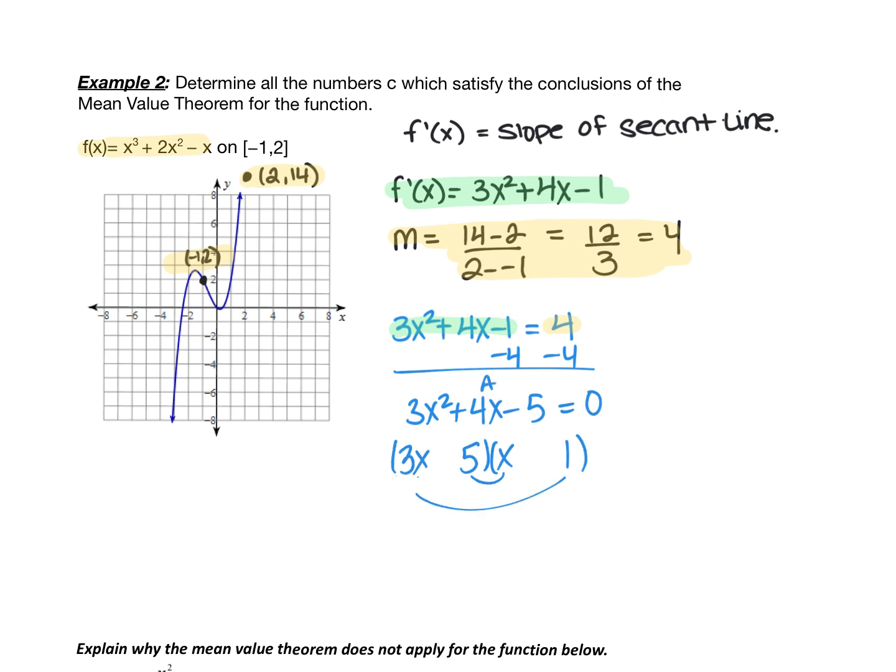So what this means is, in order to solve for the values of c, they're not going to be whole numbers. So you would have to use the quadratic formula to solve, and your values for c will be in radical form.